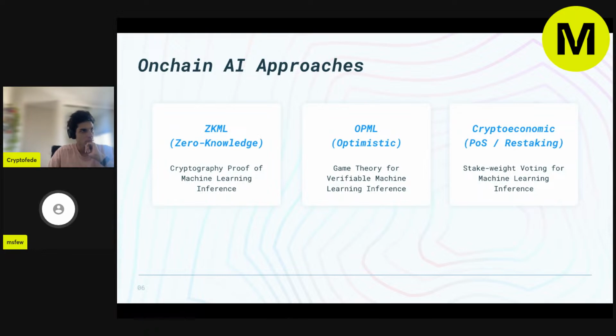But for the number of nodes to increase, it will also waste a lot of compute resources, because every AI inference takes a lot of computing power. And these are the three on-chain AI approaches on the market right now.